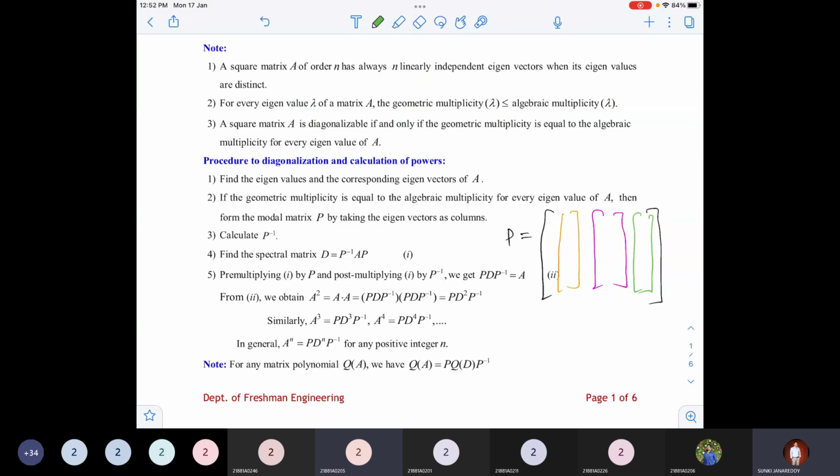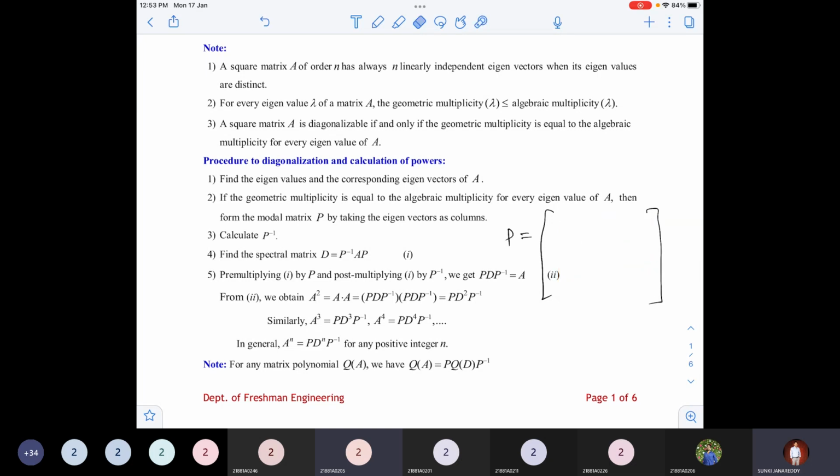That matrix is said to be what? Model matrix. Here we need to arrange the eigenvectors corresponding to the eigenvalues column wise like this. Here I have given 3 colors: first eigenvector, second eigenvector, third eigenvector, these 3 we need to arrange column wise.